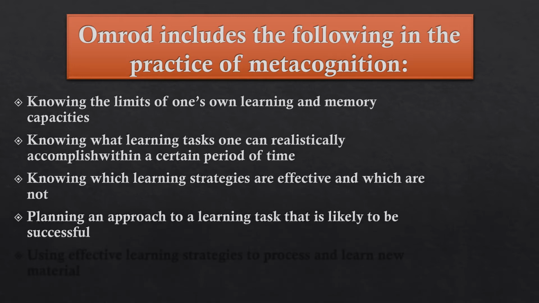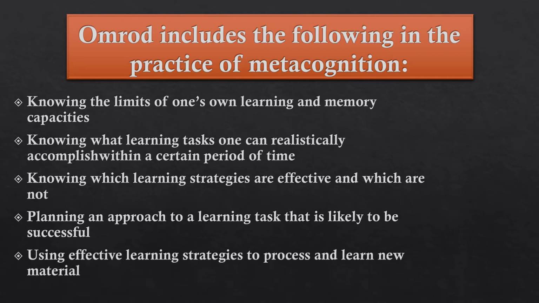Next, planning an approach to a learning task that is likely to be successful. So if you're going to attack the task given to you, if you're going to understand it, put your mind on the task and try to figure out what approach you are going to use in order to tackle that task, then you are making use of metacognition.